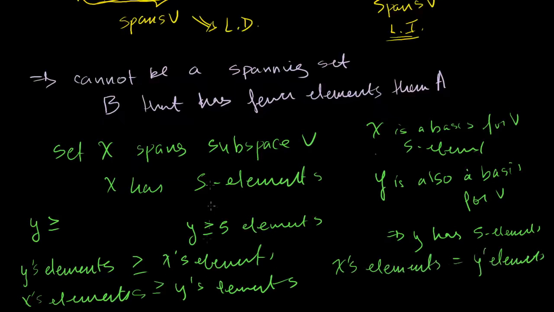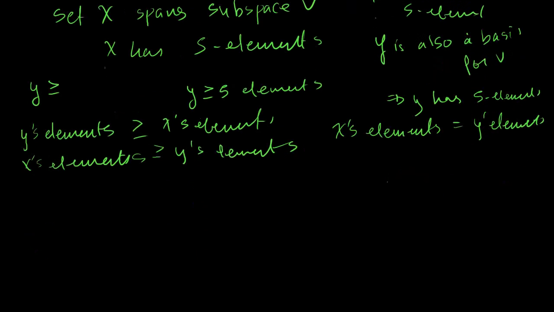And so now that we know that any basis for a vector space, let me just go back to our set A. A is equal to A1, A2, all the way to AN. We can now say that any basis for some subspace V, they all have the same number of elements.